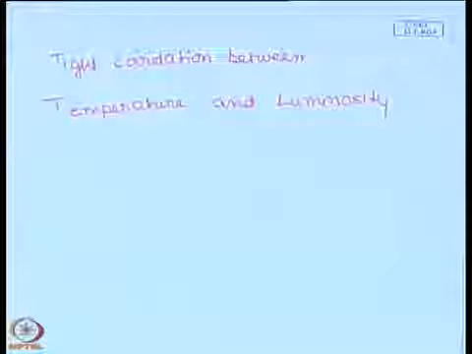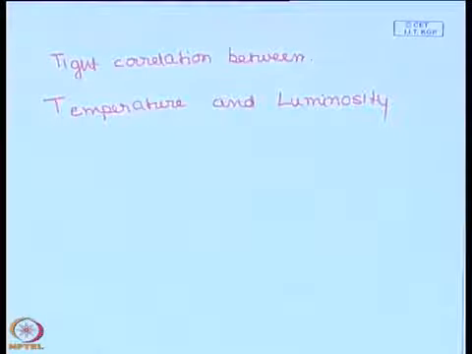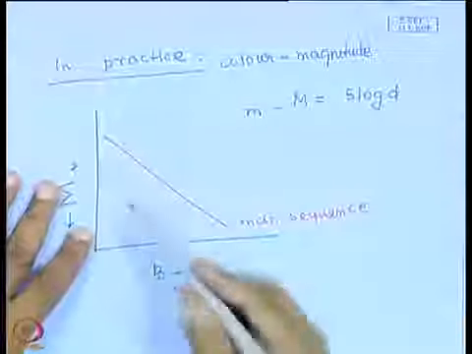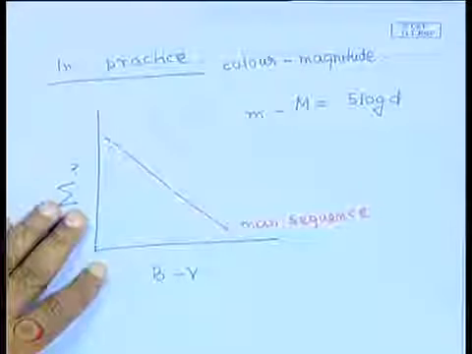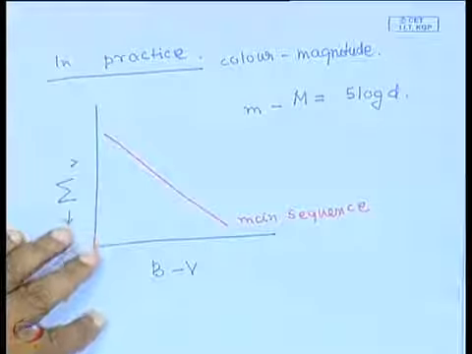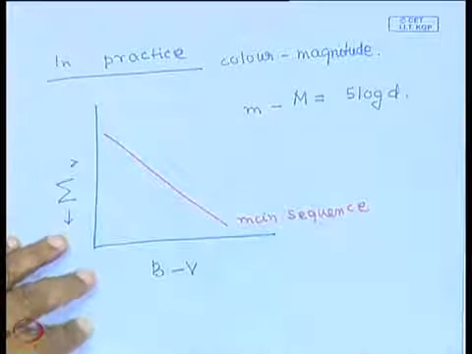And understanding this was a very big issue. What gives rise to this tight correlation between the temperature and the luminosity of a star? So, the bulk of the stars turned out to lie on a band like this. There were stars elsewhere also, okay, but this was a very dominant feature, and this was called the main sequence.